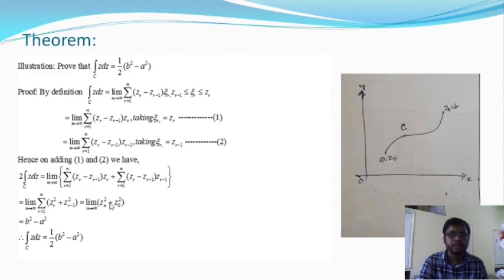This is not a plus sign, it is actually the minus sign. So from this we will get b square minus a square. That is, the integration over C of z dz is equal to half of (b square minus a square). This is the proof of theorem 1.